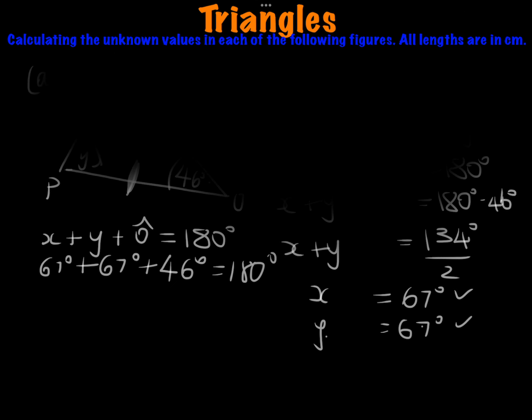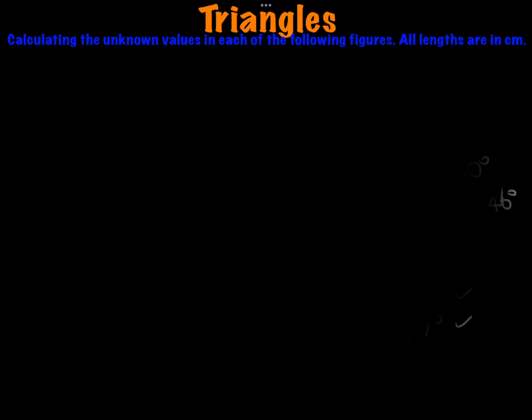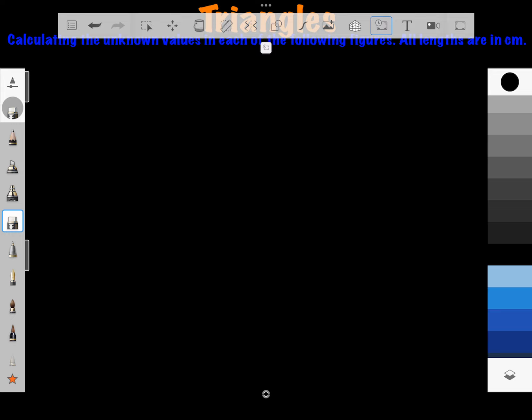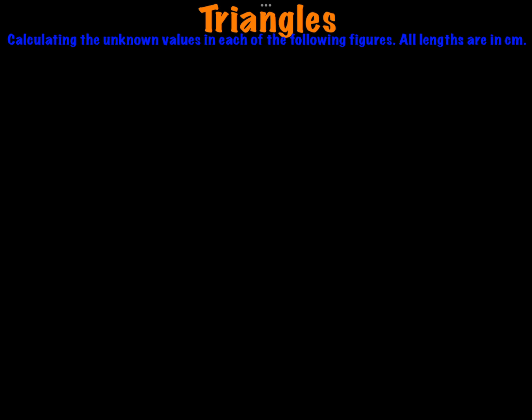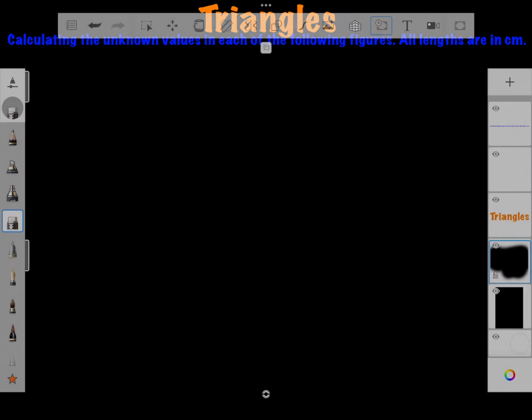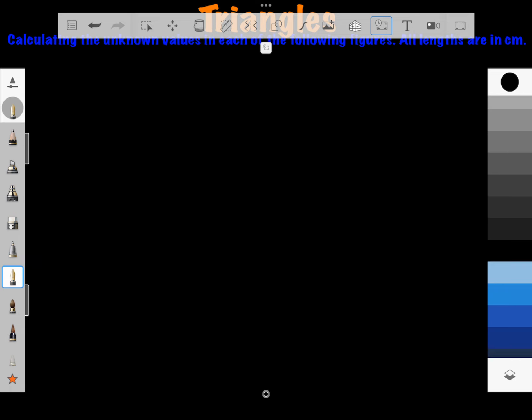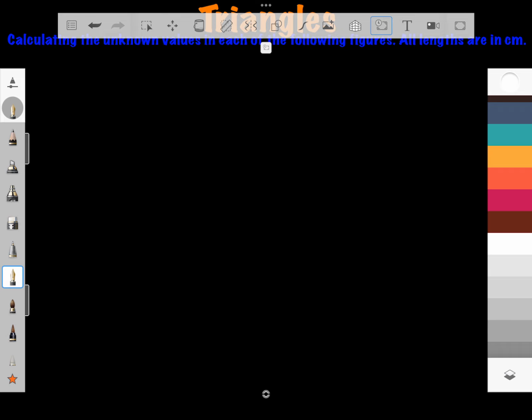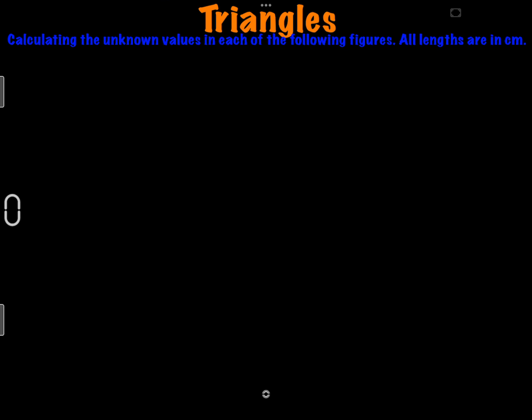Our next example, we're going to look at example B. So here's example B. In this case, we are given another triangle.